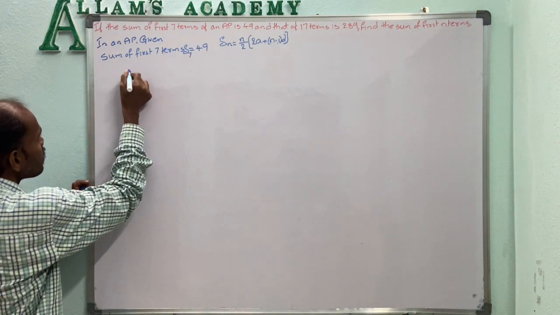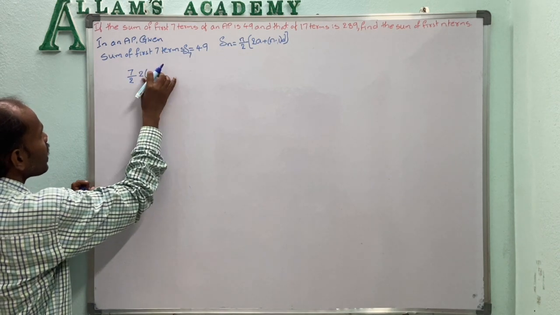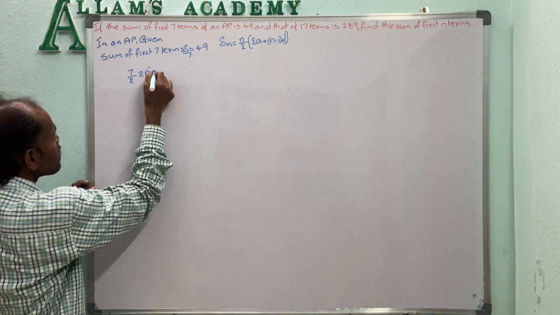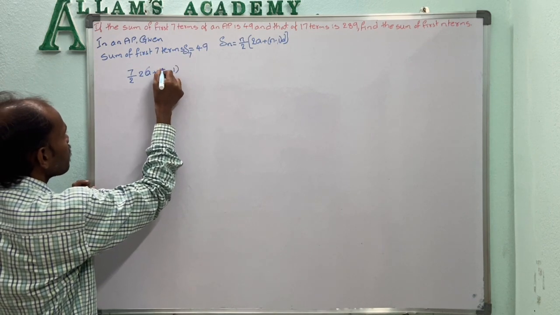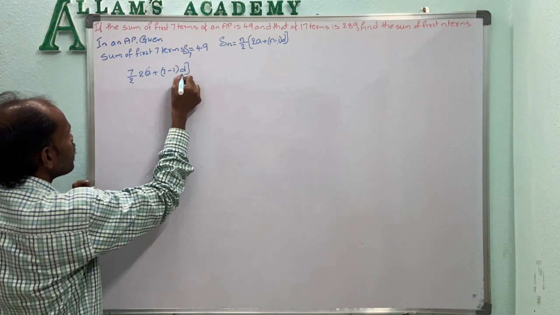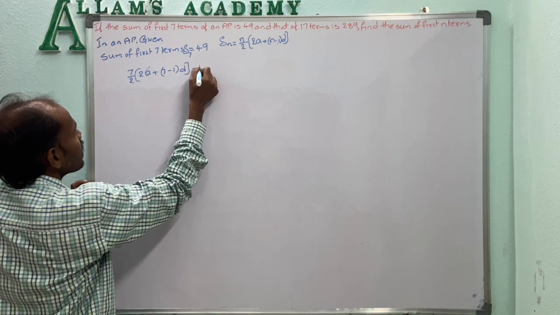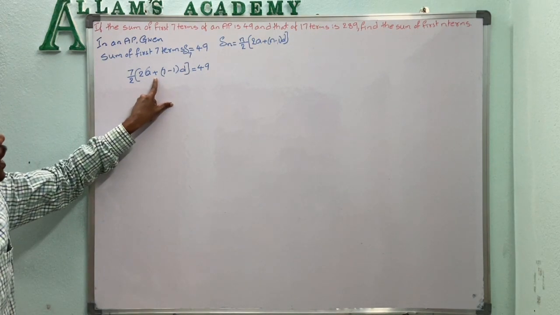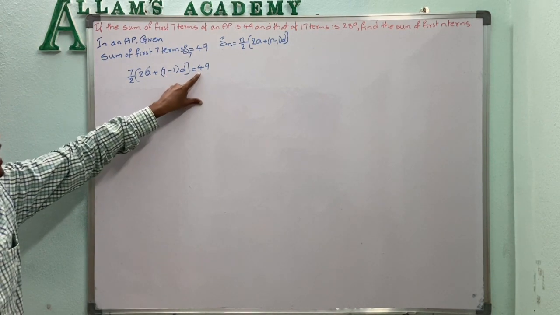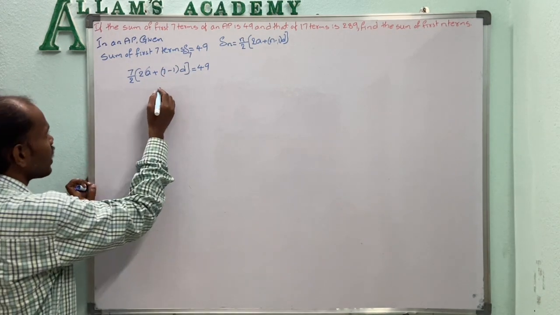So that is 7 by 2 into 2 into a value, which we don't know, plus n minus 1, n value is 7 here, we know, and d value we don't know, into d is equal to 49. So 7 by 2 into 2a plus 7 minus 1 into d is equal to 49. Here 7 minus 1 equal to 6d.